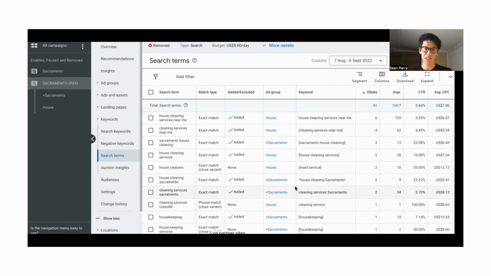If that traffic is being sent to a very, very poor website or a poor landing page, your conversion rates will be a lot lower as well. So you need your search quality to be high on one side, but you also need the landing page. And once you get those two working well, that's when you get to that 20%. And as I said, in this client, we're at a very, very high level, 36% with that.